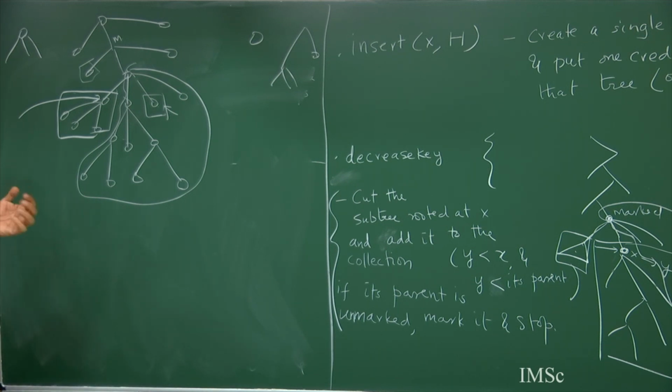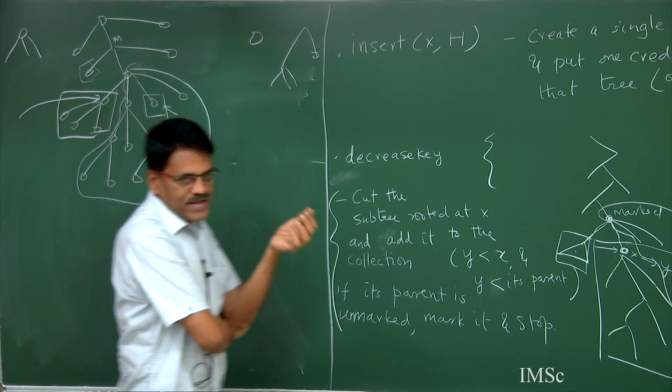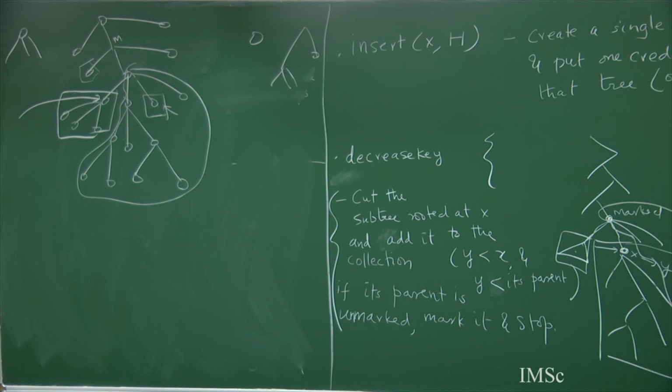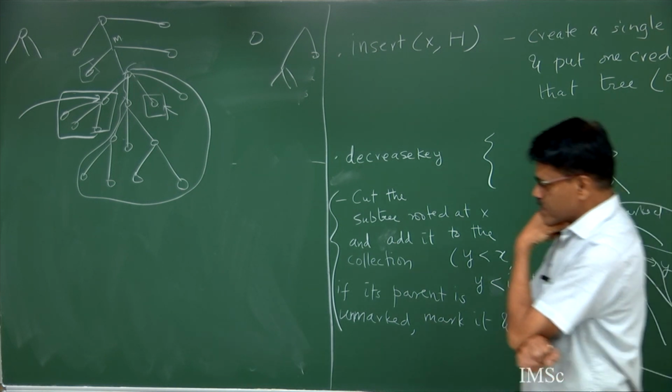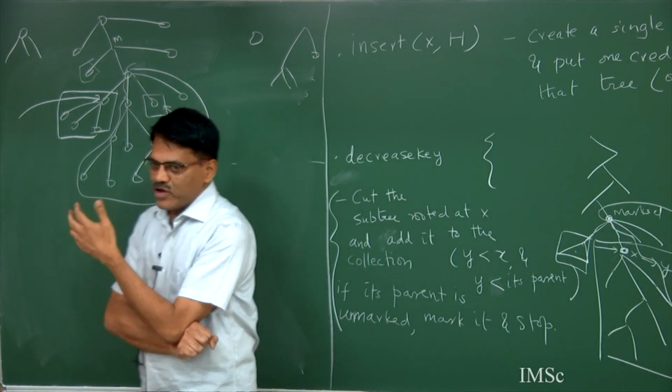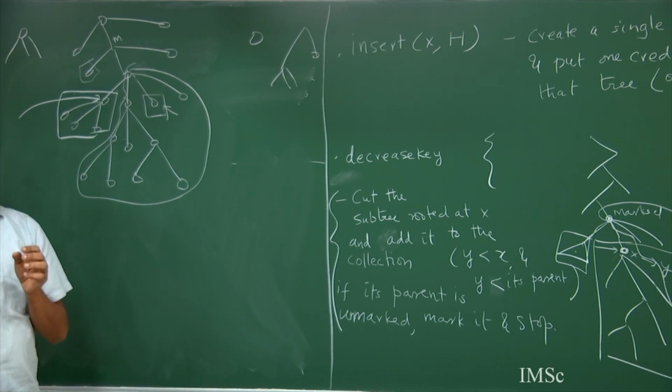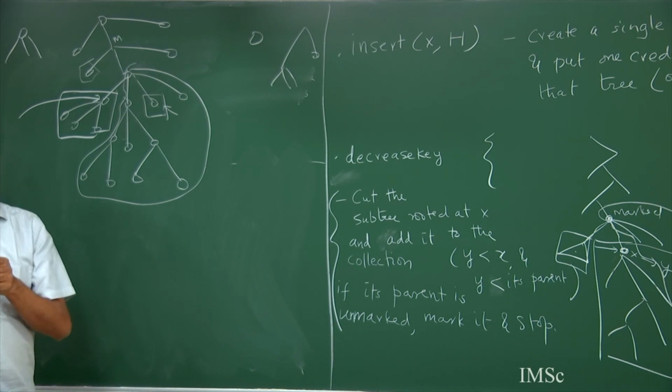Now let's see how much credit the decrease key operation should come with to pay for all these cascading cuts, right? Notice that it has this amortized flavor. Why should there be multiple cascading cuts?